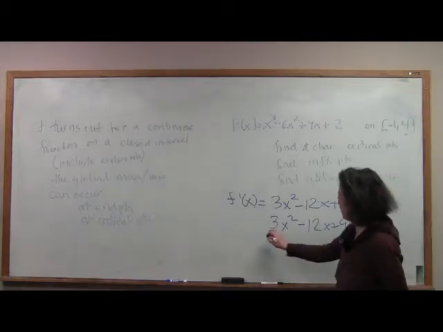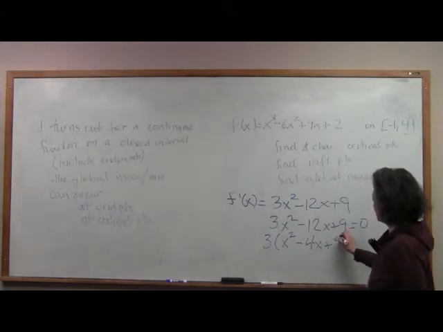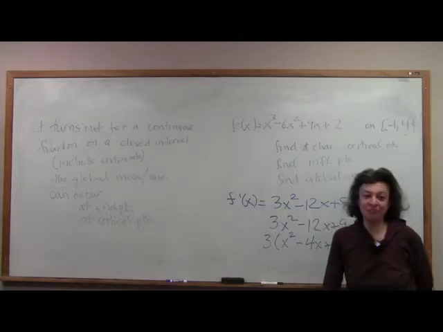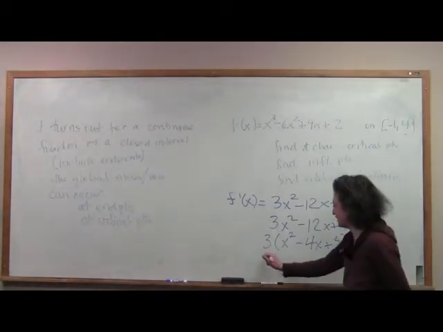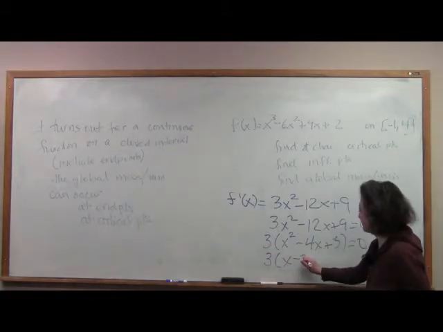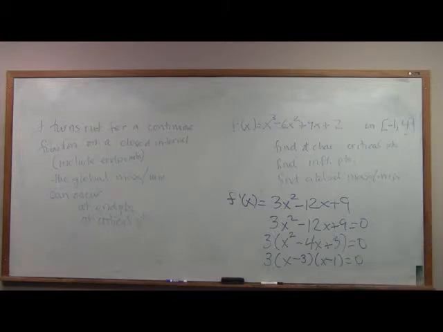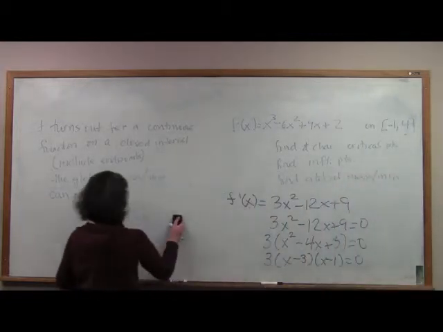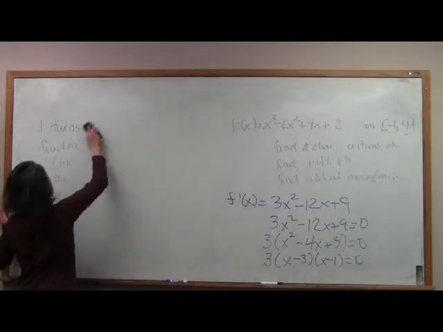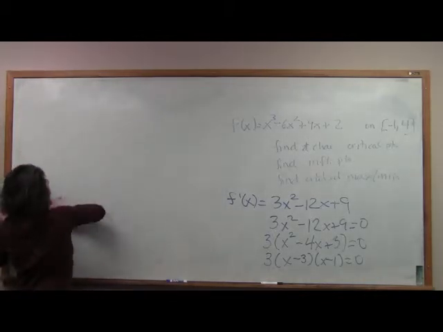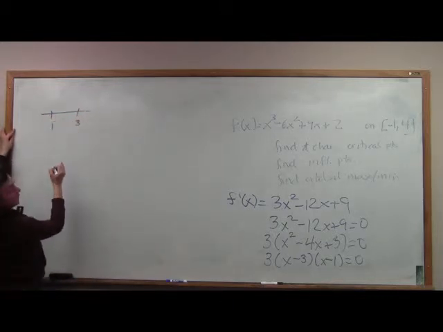Again, we can yank out a 3, and we're left with x squared minus 4x plus 3. Fortunately, due to the example that I picked, we can keep factoring this. We have x minus 3 times x minus 1. So our critical points are at 1 and 3.